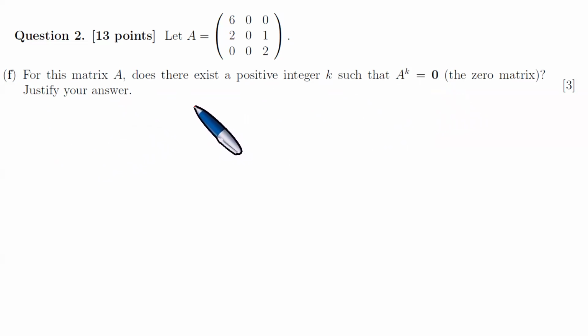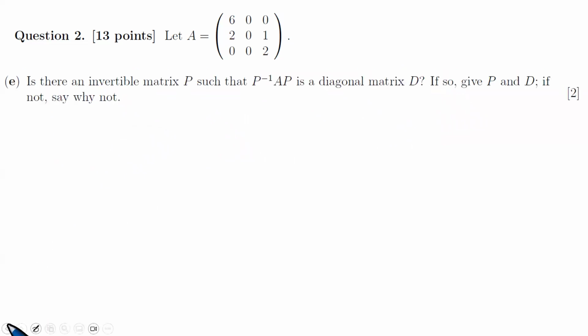From this fact, is there an invertible matrix P such that this is a diagonal matrix D?